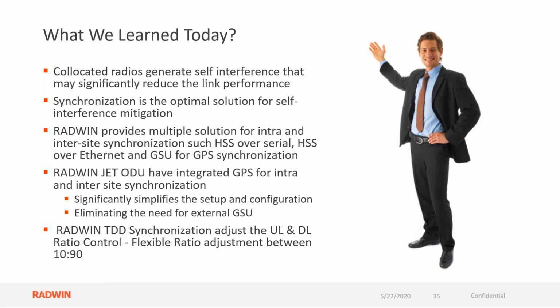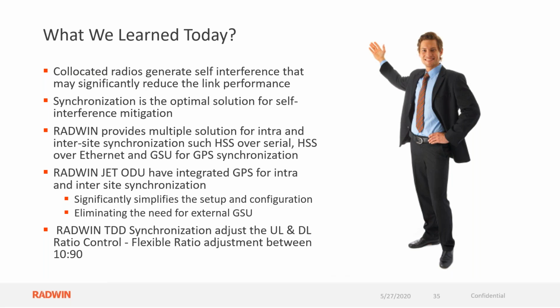This is the rule. Synchronization is the optimal solution for self-interference. It avoids using tower space and avoids different distribution of frequency. So when we consider synchronization, we are guaranteed that our RADWIN equipment will not disturb the environment and will not interfere with other deployments.